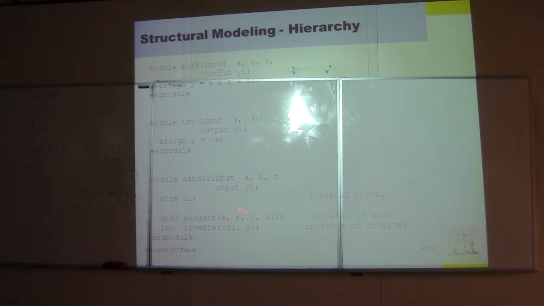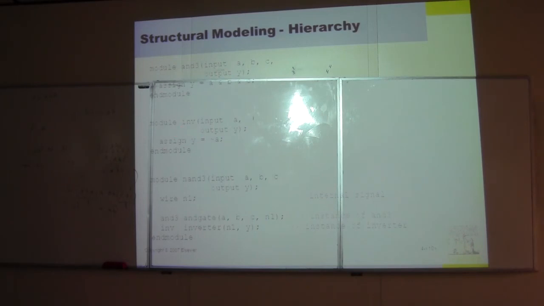For every line, you put a semicolon. Assign, I told you, for every equal sign, you write the word assign. Assign Y equals A and B and C. So this module will calculate the 3 input AND.